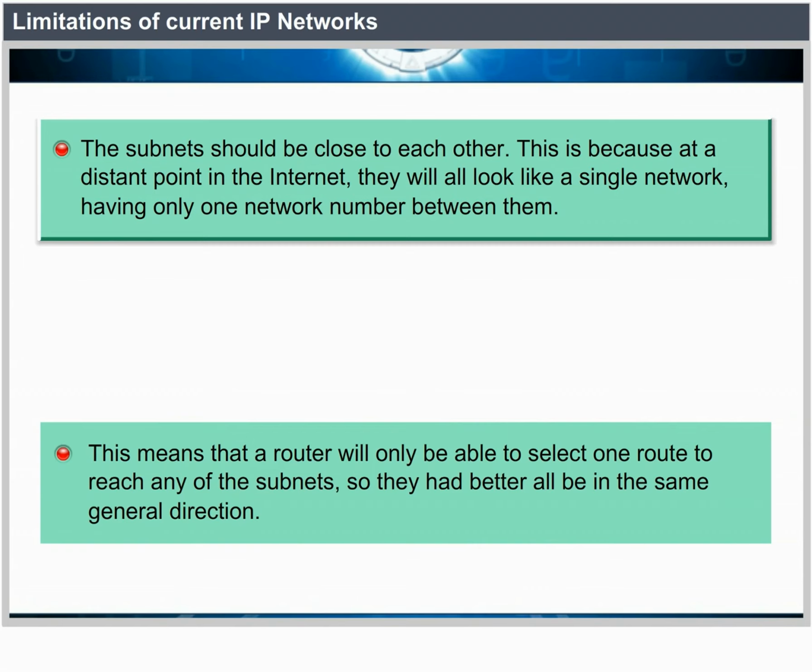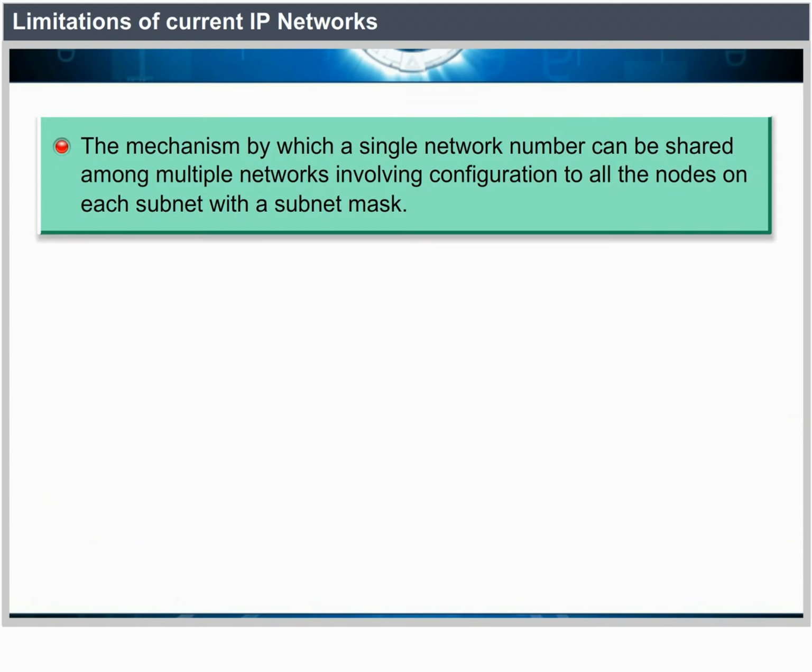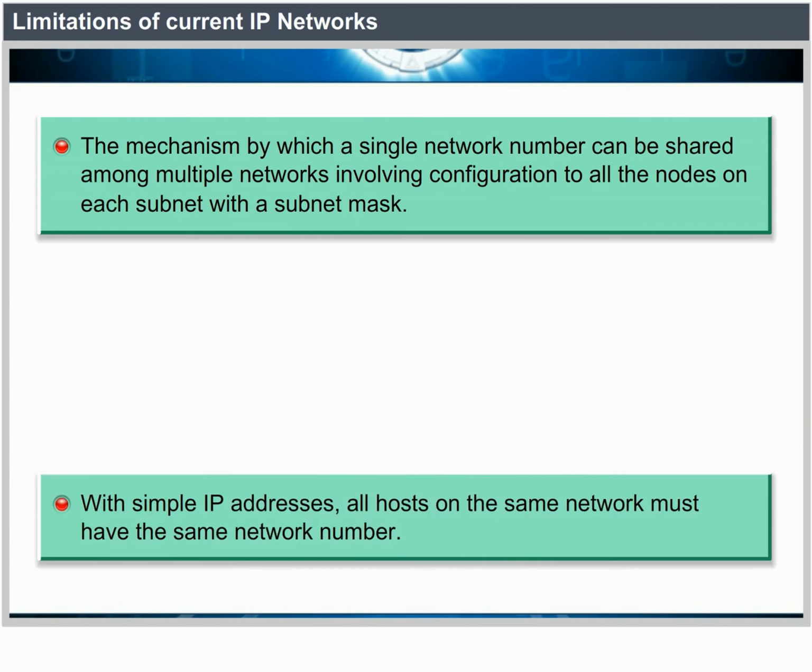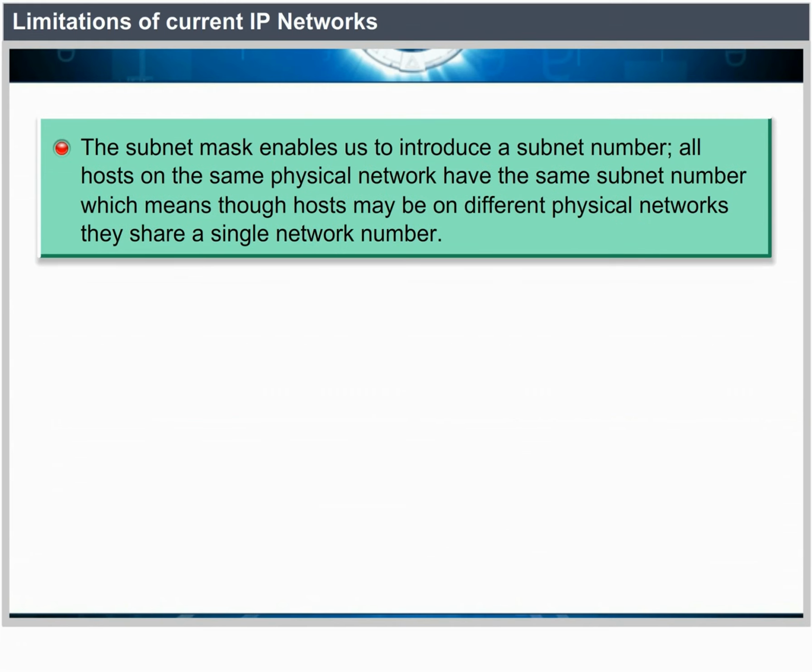The mechanism by which a single network number can be shared among multiple networks involves configuring all the nodes on each subnet with a subnet mask. With simple IP addresses, all hosts on the same network must have the same network number. The subnet mask enables us to introduce a subnet number.